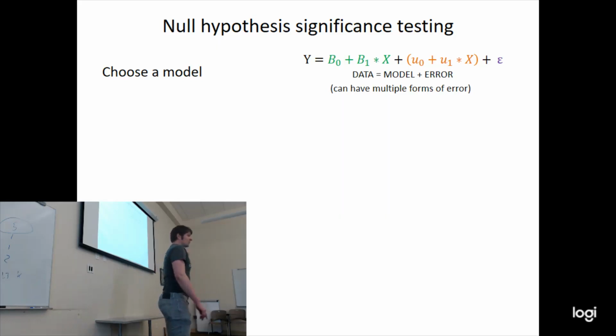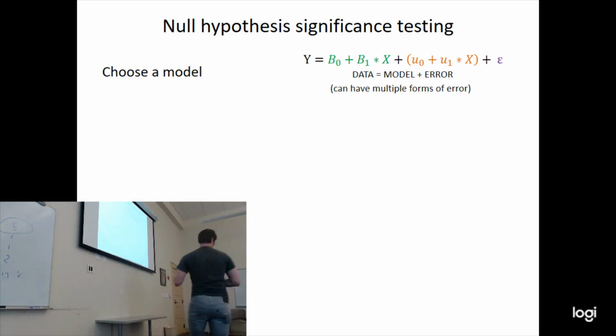And one thing that's different about a linear mixed effects model is that we have multiple sources of error. We're not treating error as one thing, as if there are no differences between different kinds of error. Instead, we're making some distinctions between different kinds of error.